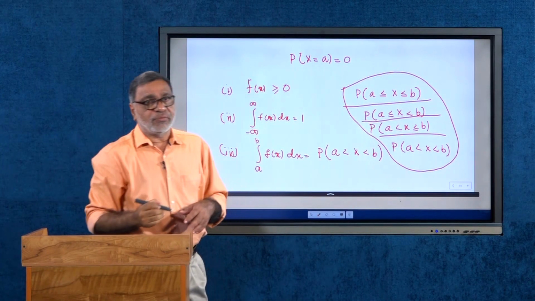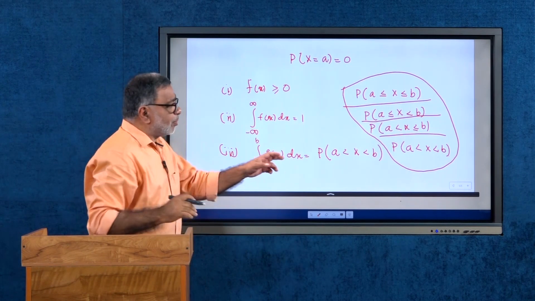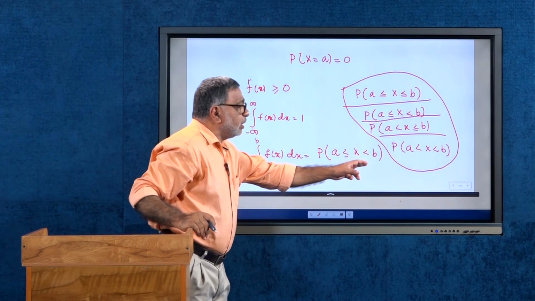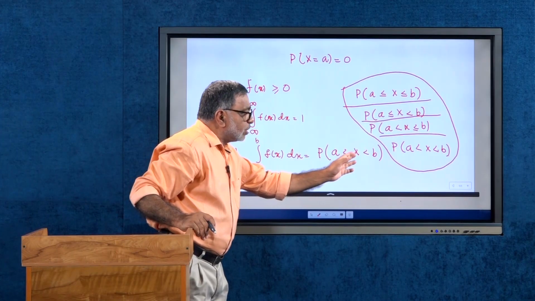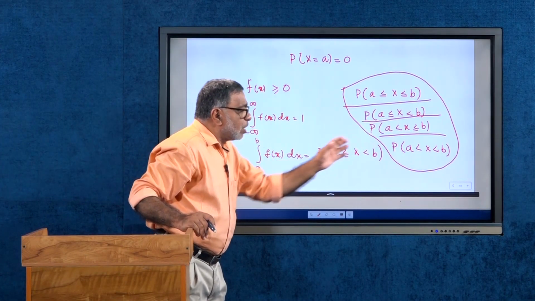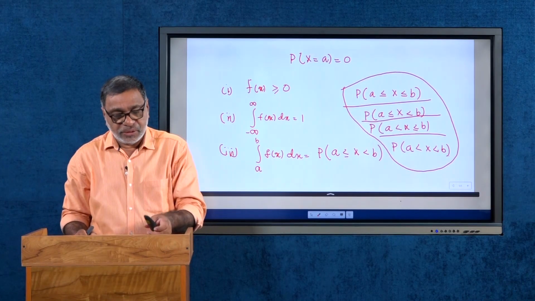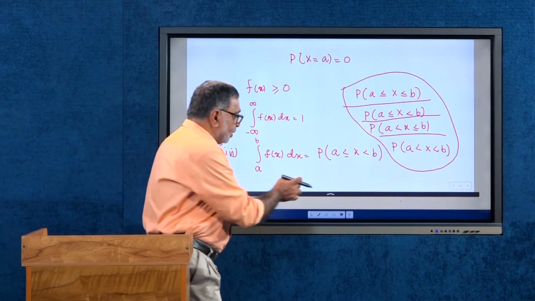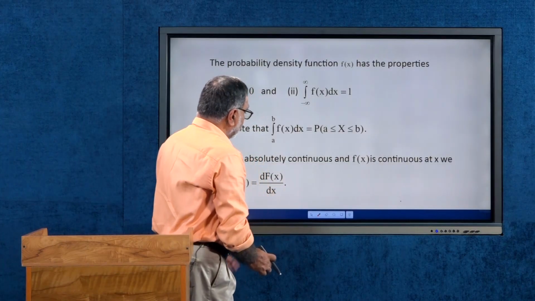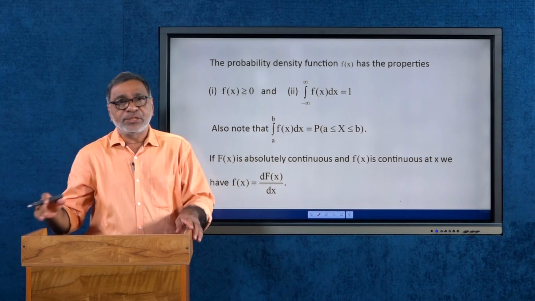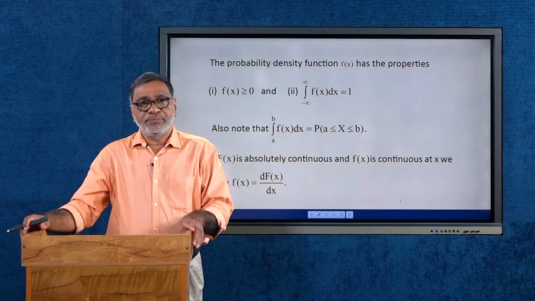So these are all the same as the integral from a to b of f(x) dx. These are the properties of the density function of a continuous random variable.